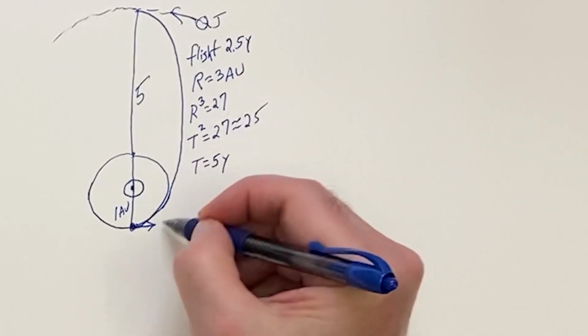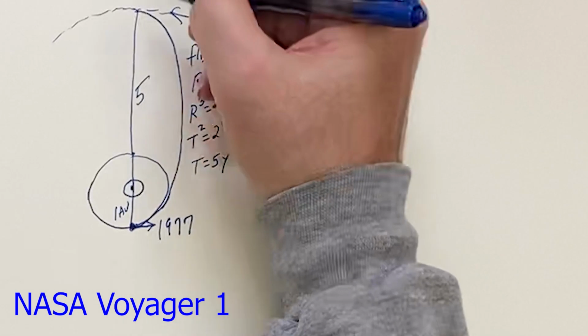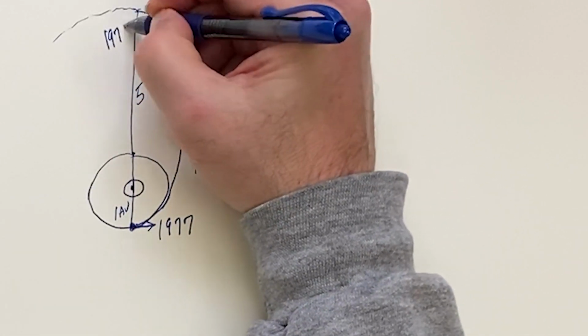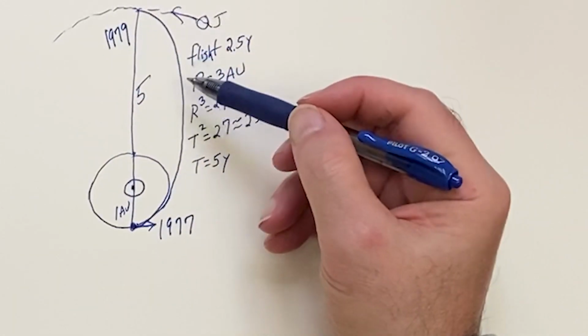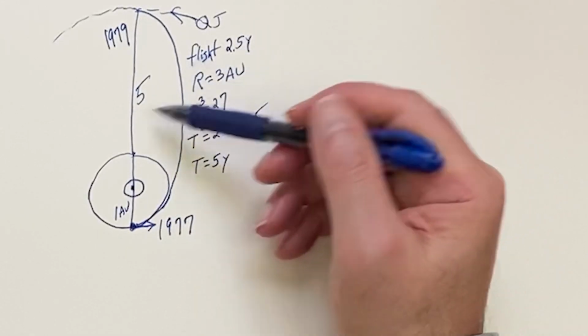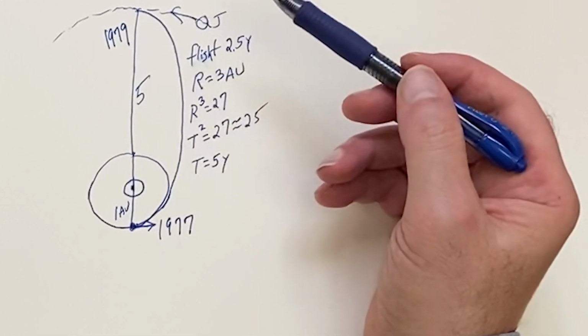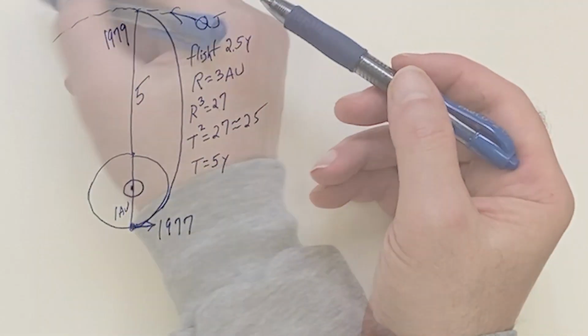A spacecraft left in 1977 and got to Jupiter in 1979. This is rather remarkable, that in this short calculation you can estimate how long it would take to send a spacecraft to Jupiter.